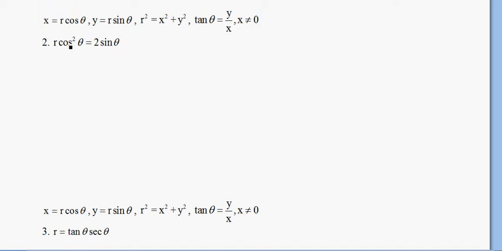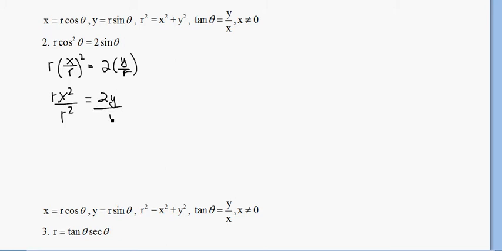So here we have r cosine squared times 2 sine theta. So again, cosine is equal to x over r. So this is r times x over r, quantity squared, equals 2 times sine, which is y over r. So if I square this, I get x squared over r squared is equal to 2y over r.